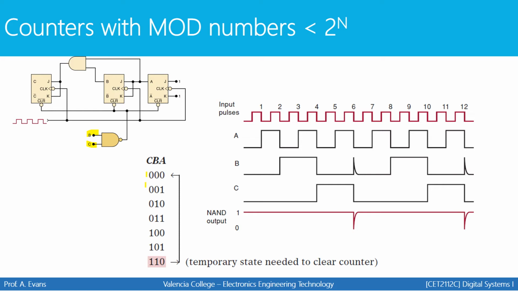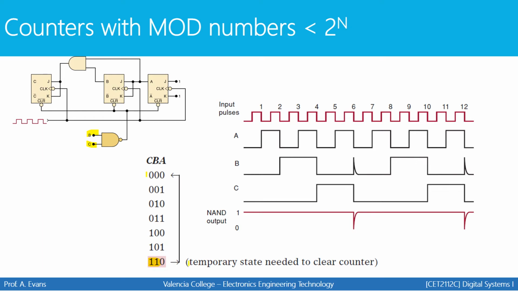It's going to go 0, 1, 2, 3, 4, 5, and right here is when B and C are both high. So it's going to get through all of these counts. It's going to go through each one of these states, and then B and C are both going to be high at the same time, and the NAND gate will immediately clear out the flip-flops.